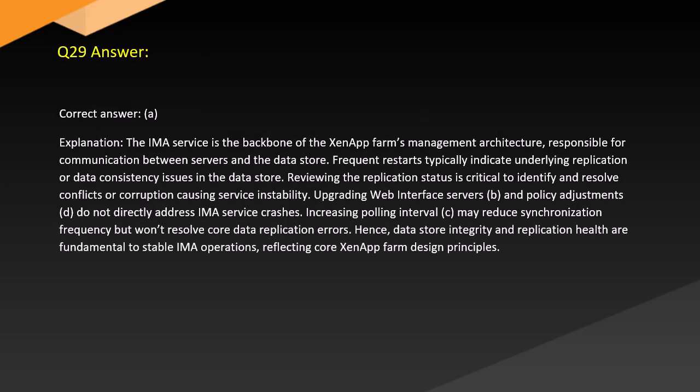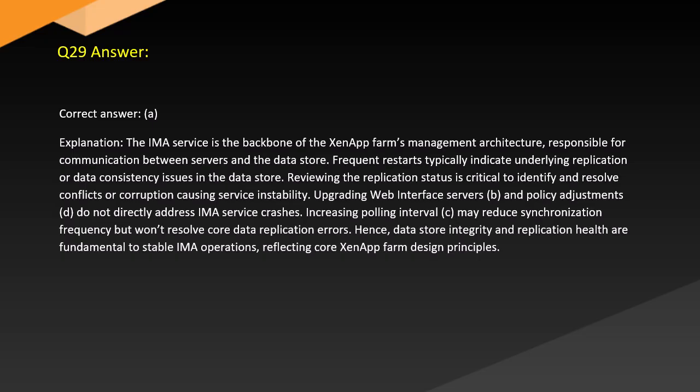Answer. Correct answer: A. Explanation: The IMA service is the backbone of the XenApp farm's management architecture, responsible for communication between servers and the data store. Frequent restarts typically indicate underlying replication or data consistency issues in the data store. Reviewing the replication status is critical to identify and resolve conflicts or corruption causing service instability.